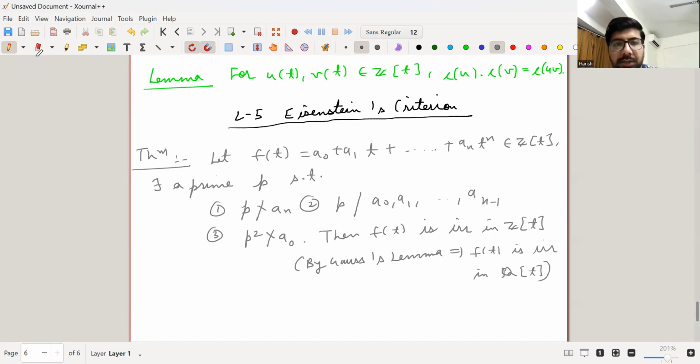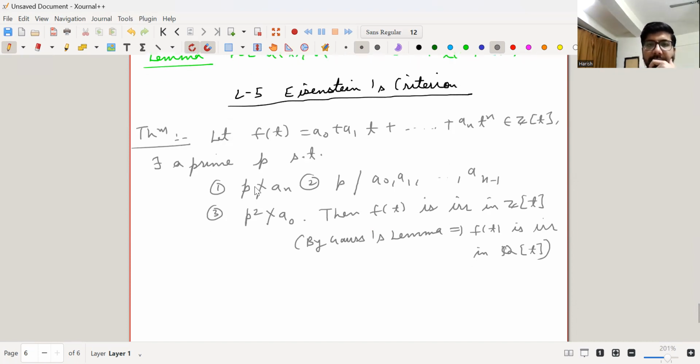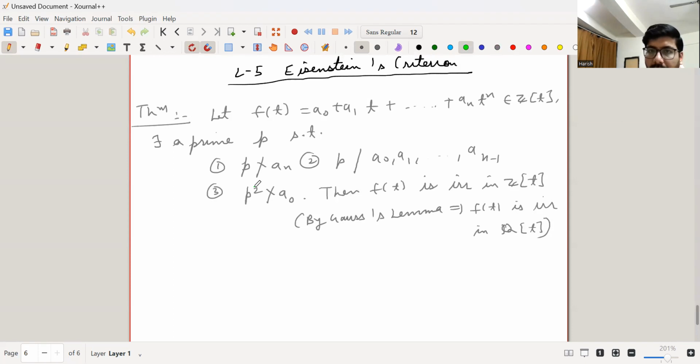So you can also say that as a direct outcome of Gauss criteria, it is enough to show that f(t) is irreducible in Z[t], and that you can do using Eisenstein criteria. Okay. So it has a wide application in this domain because it gives you a sufficient condition to check whether a polynomial is irreducible or not in Z[t] or Q[t].